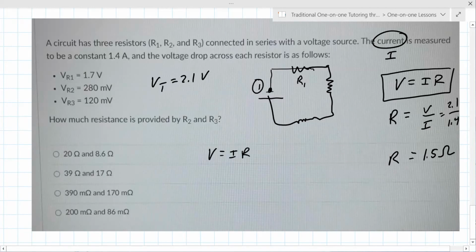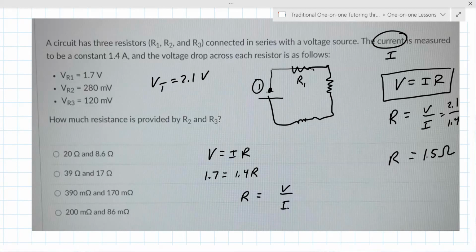Your current is constant, but your voltage is now 1.7. So what do you do here? Do you divide? I think your resistance is your voltage divided by your current at each point.